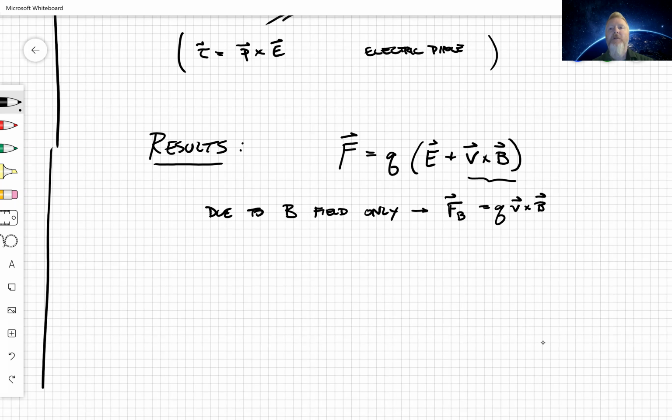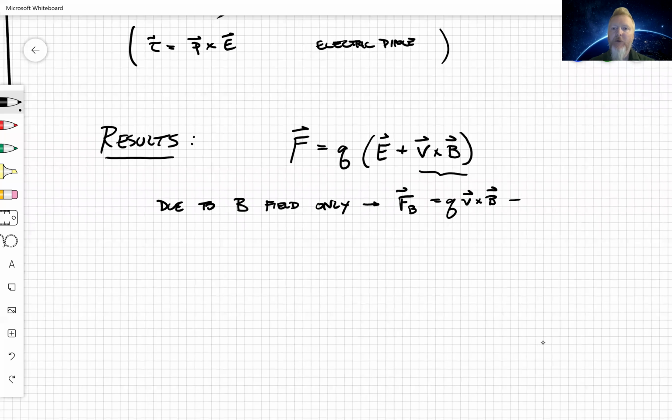And we looked at mostly situations in which V was perpendicular to B. I can do an example in the next video of one in which it's not, but effectively it just introduces the sine of the angle between V and B. Okay, so the cross product just becomes this.